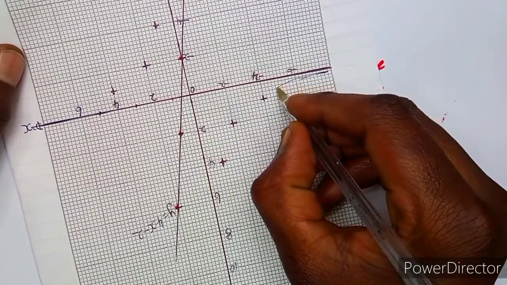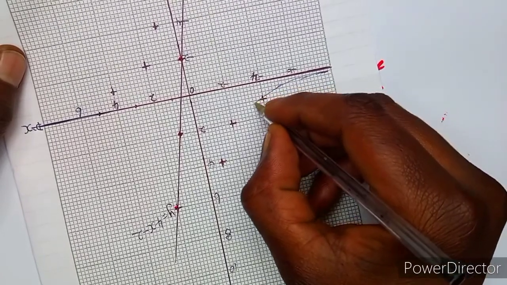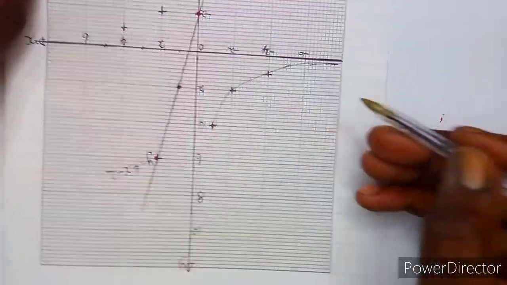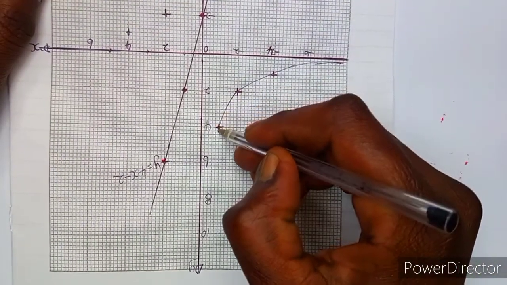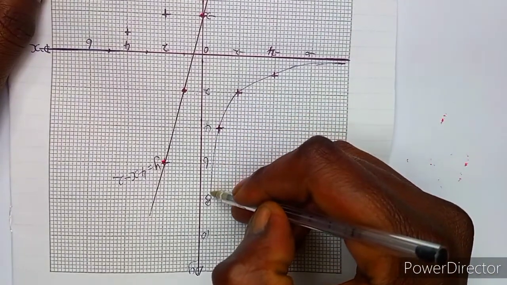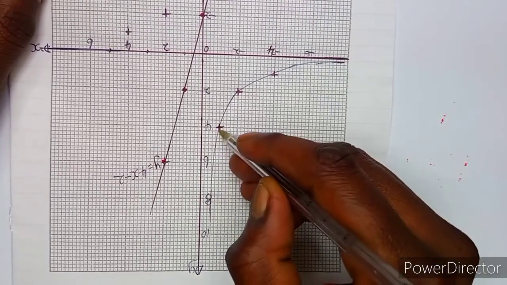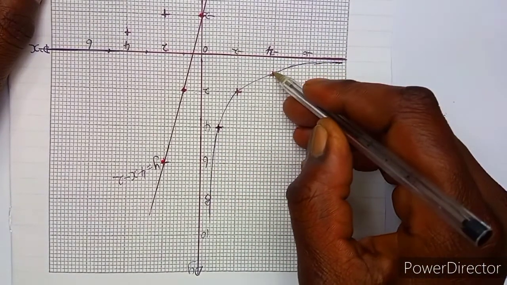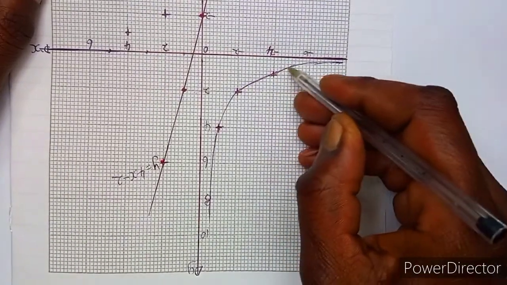Then it's going back to this point, to this point, to this point. So it's best that you shift your graph back like this. It's going to try to approach the y-axis, but it's not going to reach the y-axis because the y-axis is the asymptote. All right, so this is the piece that you had on this side.